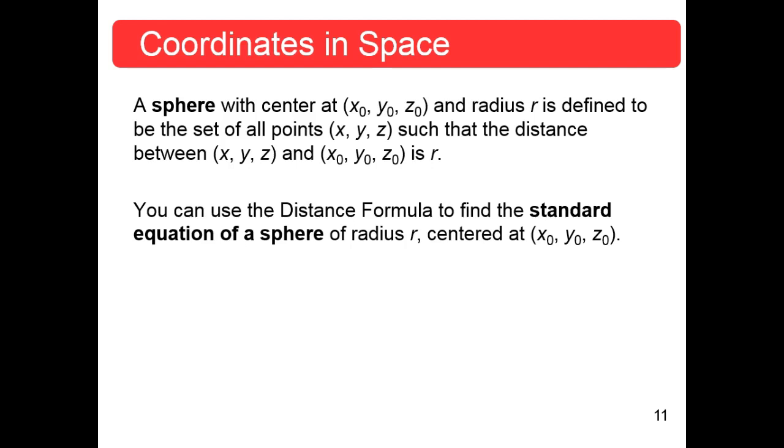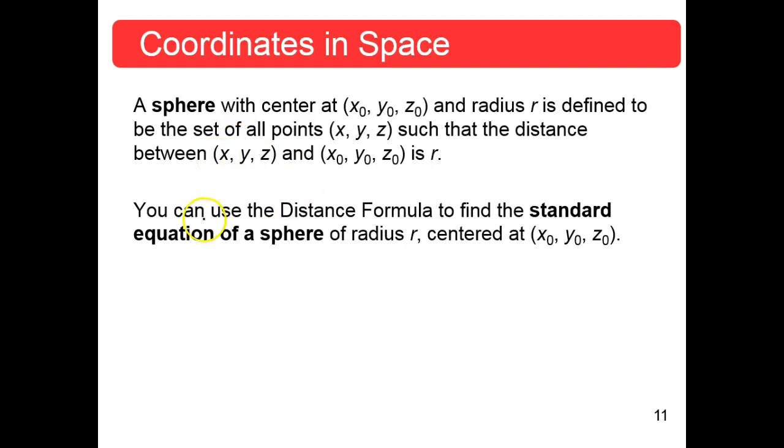Just that radius, whatever that is. So it's all the points that make that true. You can use the distance formula to find the standard equation of the sphere with radius r centered at x0, y0, z0. Okay? So basically what that says you do is this.